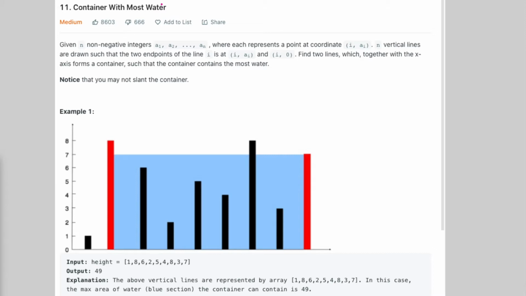Today we will be talking and explaining the solution of the problem, container with most water. So the statement of the problem mentions that given n non-negative integers, a of 1, a of 2, up to a of n, where each represents a point at coordinates i, a of i.